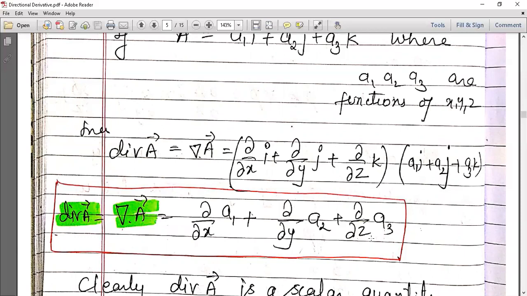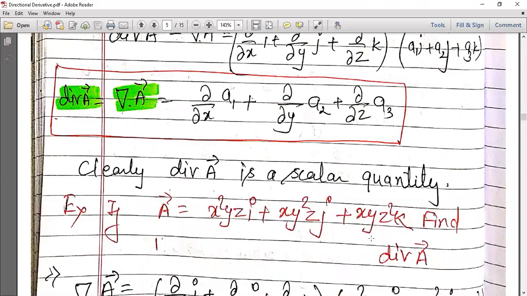Clearly, divergence of A will be a scalar quantity. We have already seen that when we apply the dot product of del and any vector, the resultant will be a scalar quantity.